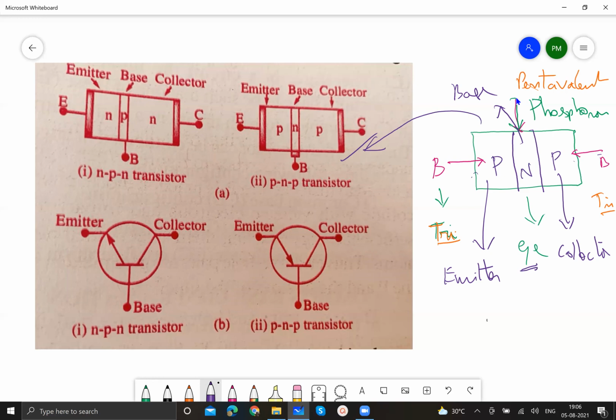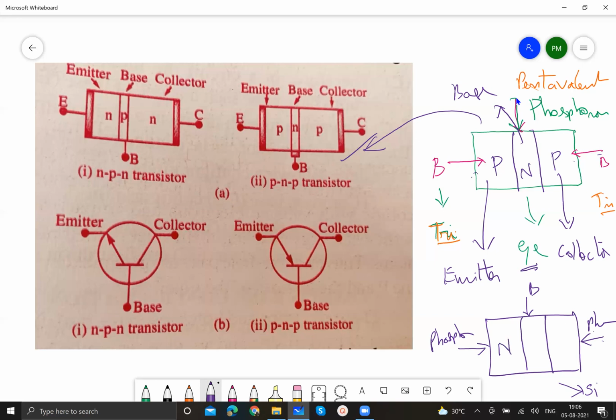Similarly, you take pure germanium or silicon. On the two ends, we'll dope phosphorus, and in the middle we dope boron. Therefore, pentavalent impurities are added at the two ends of the pure silicon or germanium.